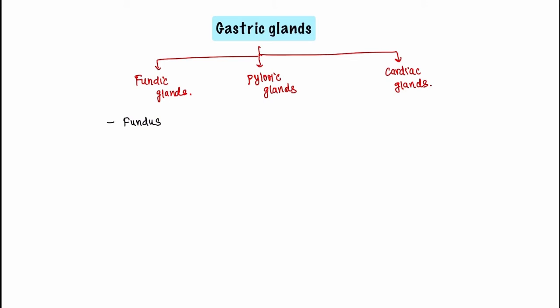Now, fundic glands are considered as the typical gastric glands, and which types of cells are present here? First is chief cell, which is also known as pepsinogen cell. Second, parietal cell.